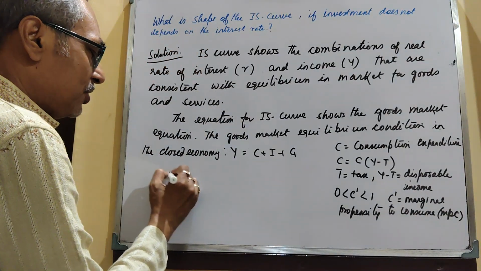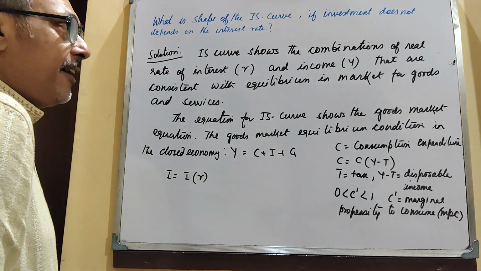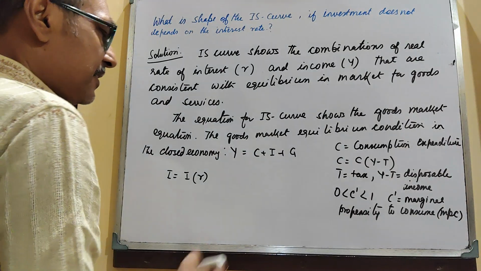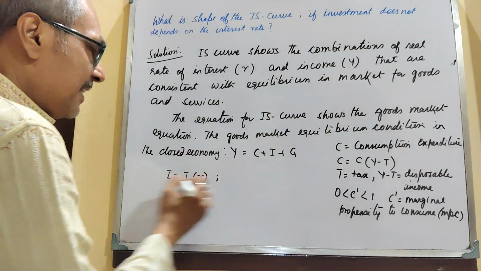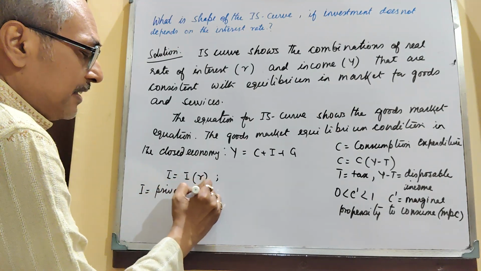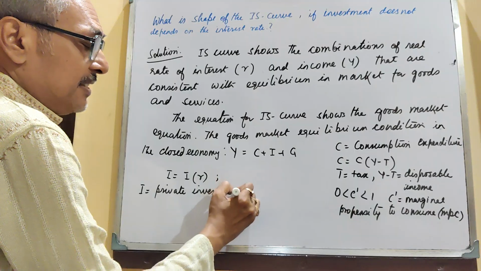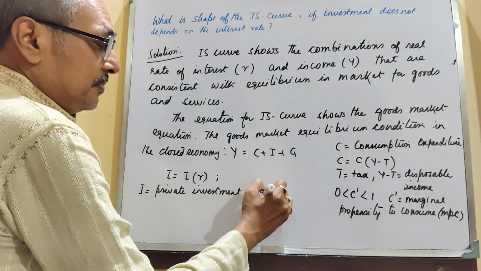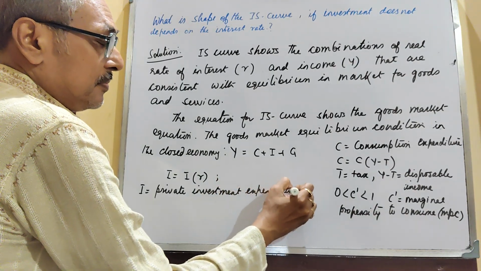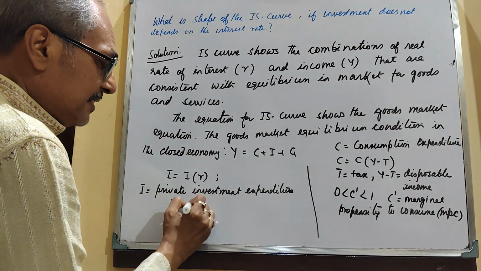Now I equals I of R. What is R? R is the real rate of interest. I is private investment expenditure. I prime is negative.